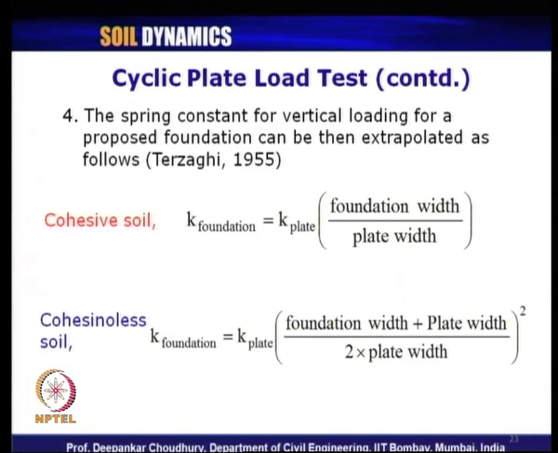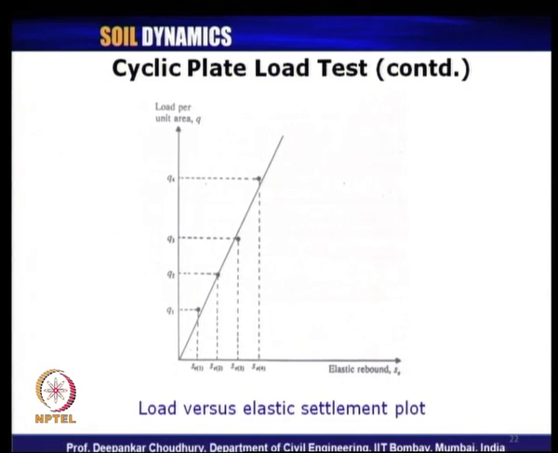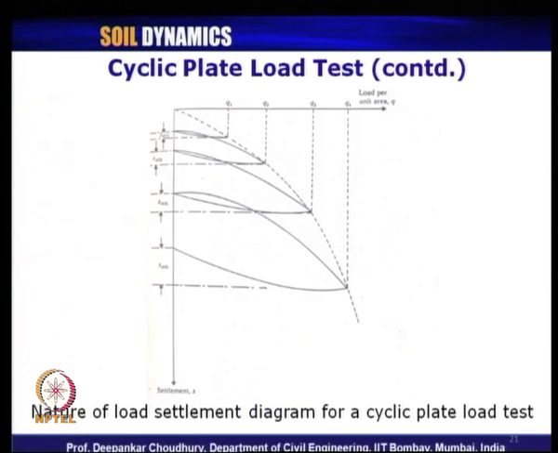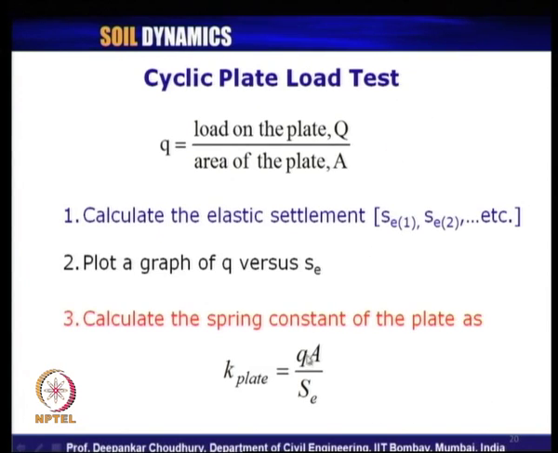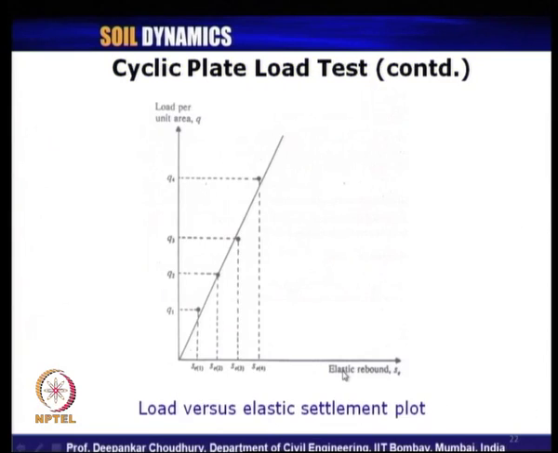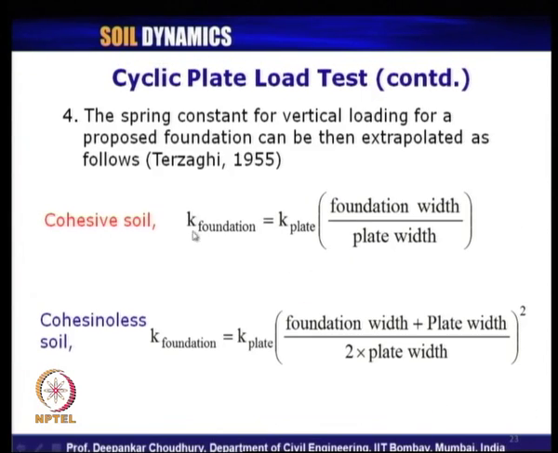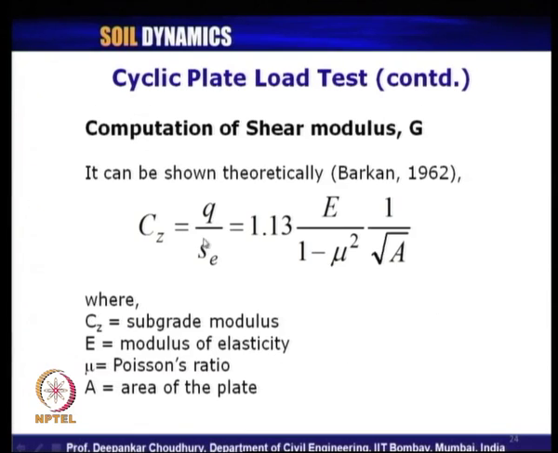And what is the unit for K of plate? That should be kilonewton per meter. So, this is kilonewton per meter cube times meter square, the plate area, and you get kilonewton per meter. And for the foundation, K of foundation also should remain the same, kilonewton per meter in SI units.